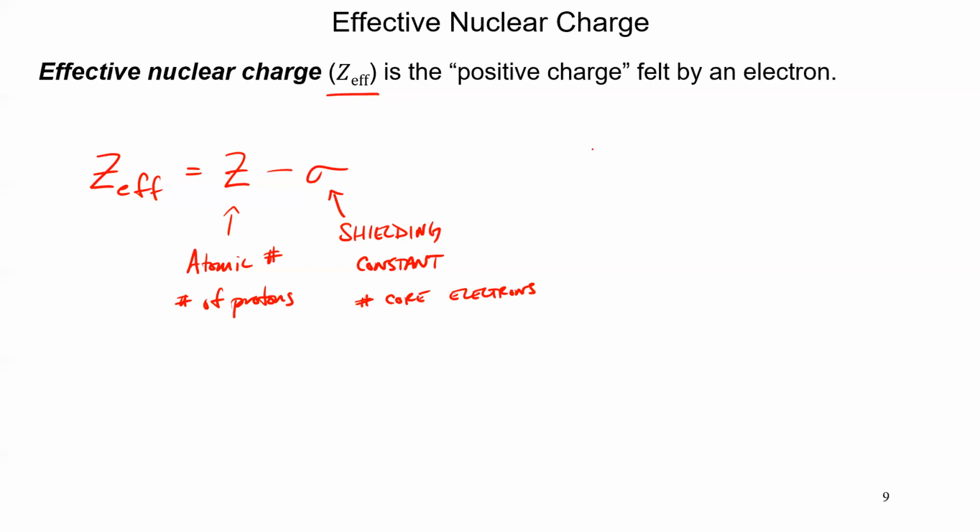And so for sodium, the configuration is 1s2, 2s2, 2p6, 3s1. How many core electrons does sodium have? 10. That's it. All these are core, and this is valence.